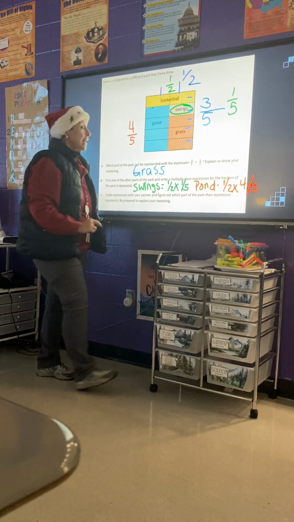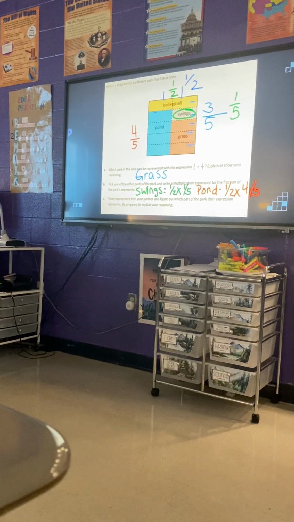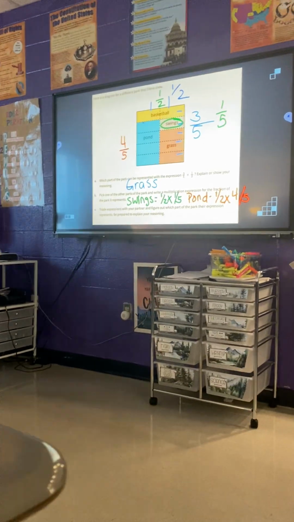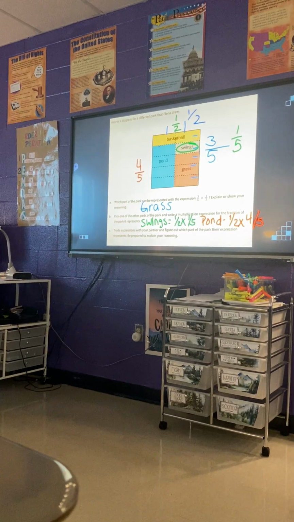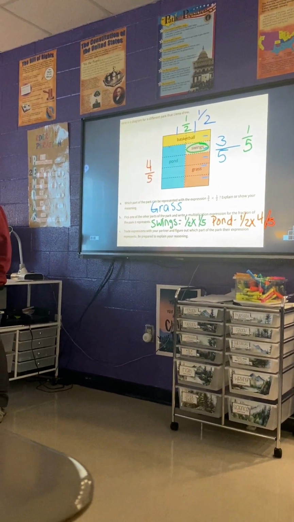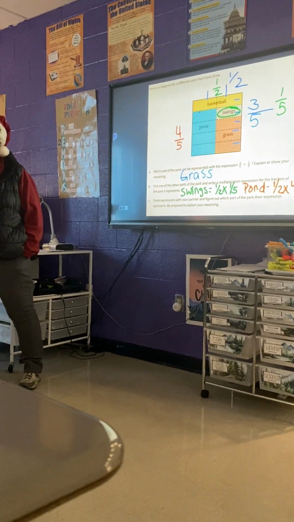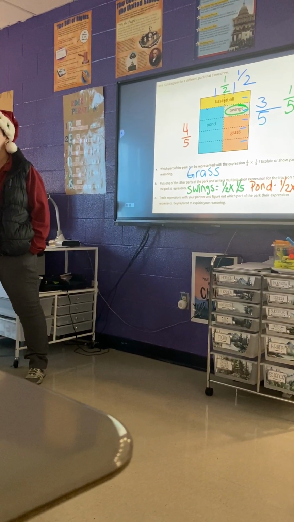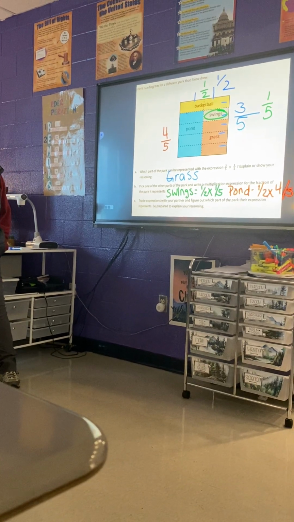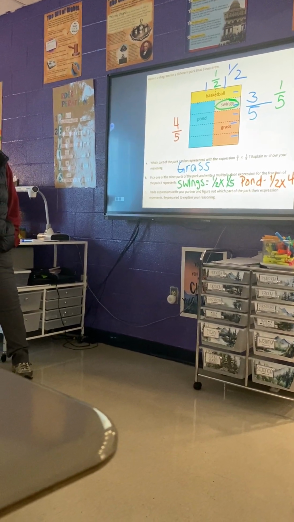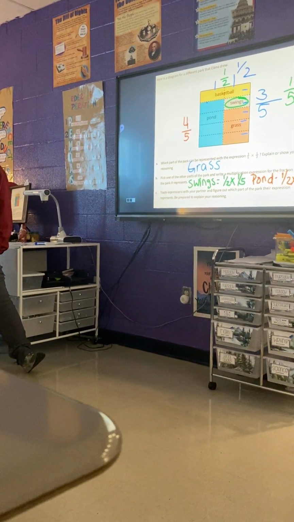Okay, the last one is the basketball. That one's not easy, I'm not gonna lie. How would we do the basketball one? What do you think, Mariana? No, not 2/5.